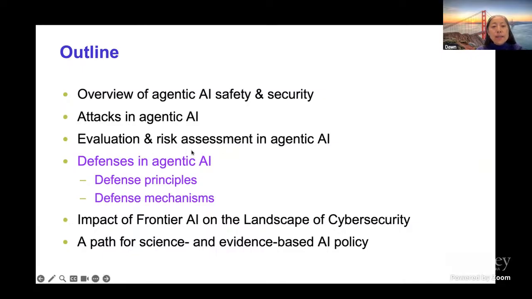On the one hand, we need to evaluate and perform risk assessment in these agentic AI systems. On the other hand, we also need to develop strong defenses. So now I will first talk about some overall high-level defense principles, and then give an overview of different types of defense mechanisms.